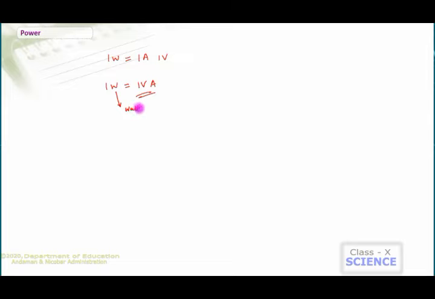Now this watt is a very small unit. In actual practice we use a bigger unit of power, that is kilowatt. You should know 1 kilowatt is equal to 1000 watt, and electrical energy is the product of power and time. So the unit of electrical energy will be the unit of power, watt, and the time we express in hours.